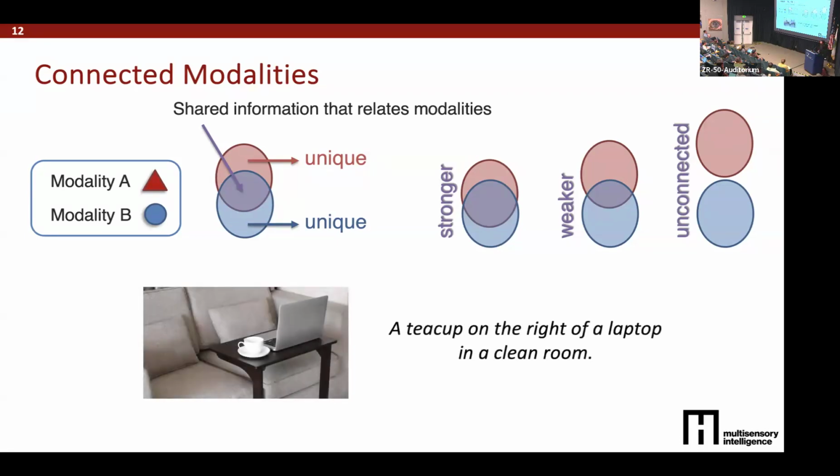So again, given an example like this, an image and a caption, you can think about some parts of these modalities that are connected, right? They both refer to a teacup, referencing the laptop, but there's also lots of information in the image that is not in the caption. For example, the color of the sofa, the presence of the table, and the size of the table. All this information is unique to the image, but not present in the language caption.